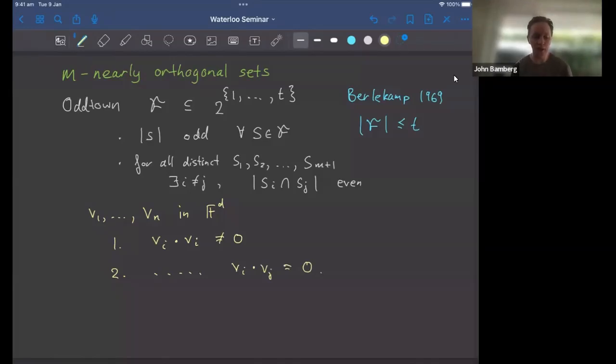So that's why they're called nearly orthogonal sets. Okay, so there exist i and j such that the dot product is equal to 0. Okay, so this generalized Oddtown is an m-nearly orthogonal set over the field of order 2. Okay, and there's a little trick here.